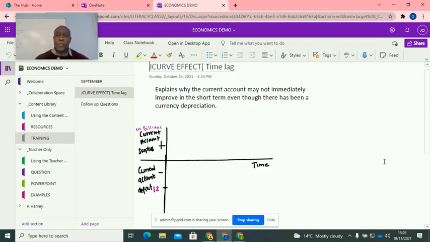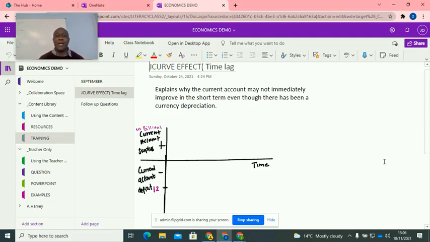Also, we talk about imports in the short term being inelastic. I don't want to confuse you too much because we're going to go into this in a lot more detail. What inelastic means is that if there is an increase or decrease in price, it makes no difference to the demand. We call it price elasticity of demand.